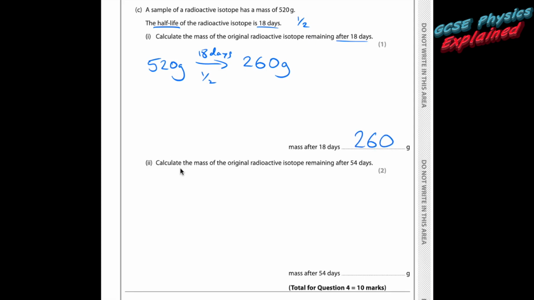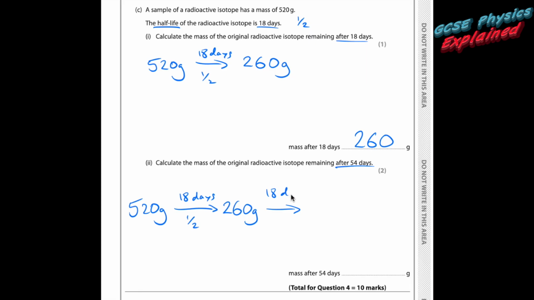Part 2. Calculate the mass of the original radioactive isotope remaining after 54 days. So 520 grams at first. 18 days later, it's going to half down to 260 grams.